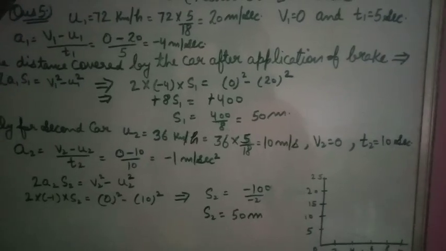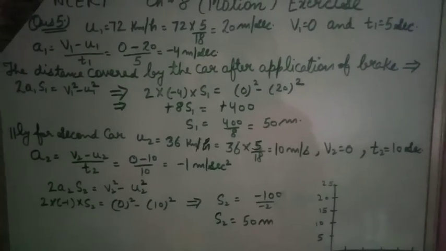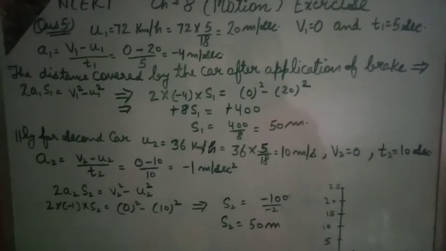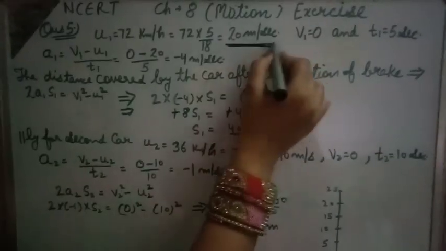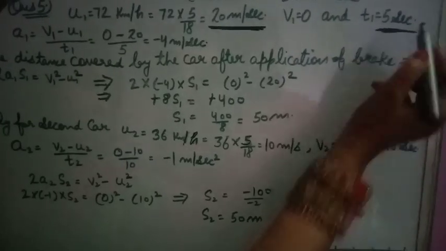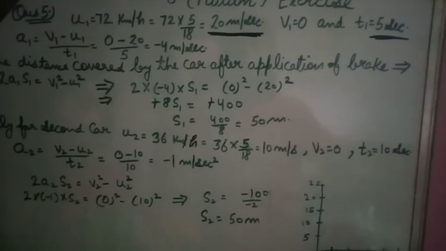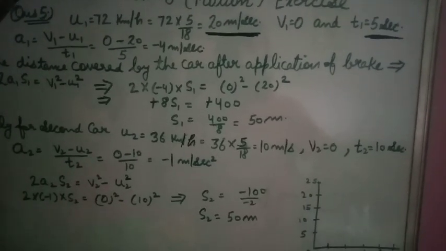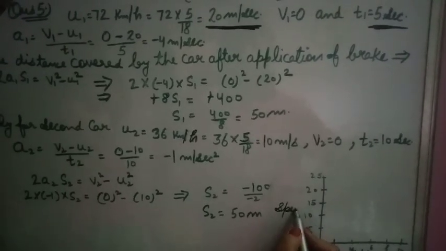Further, in the statement they have asked me to plot a graph between speed and time of the two cars. See here, the speed is 20 meters per second, and the time taken by the first car is 5 seconds. So first I'm going to make a graph here. Along the x-axis I have taken time, and along the y-axis I have taken speed.